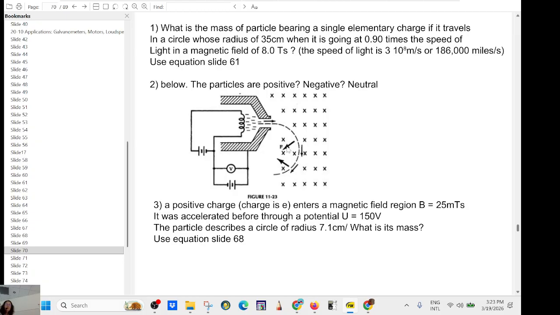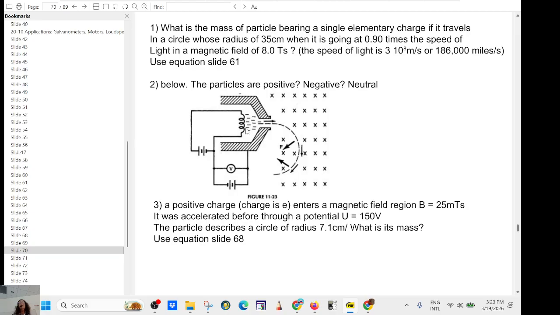So the way a mass spectrometer works, you apply a voltage, like 150 volts. Remember from test number 2, the particles have potential energy, Q times the voltage, because voltage is the potential energy per unit charge.